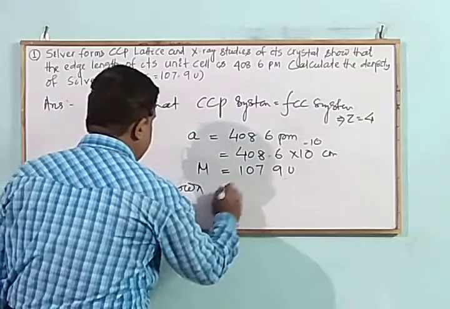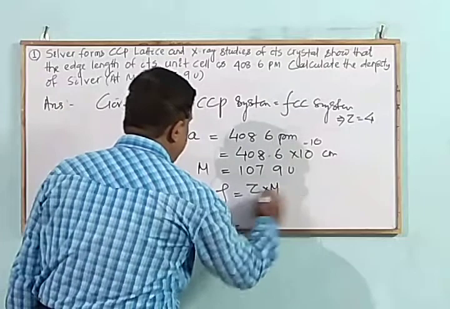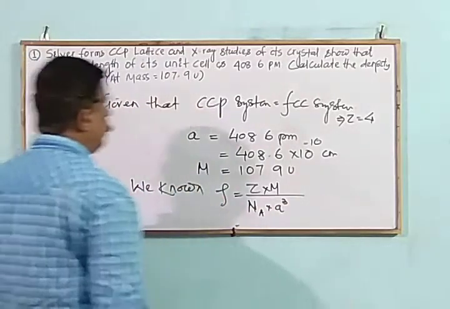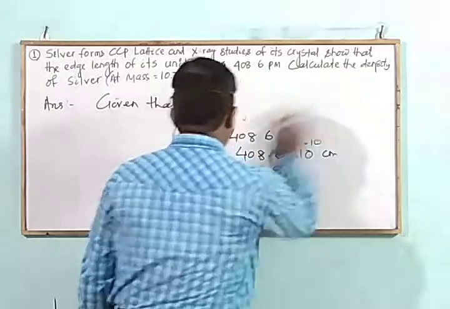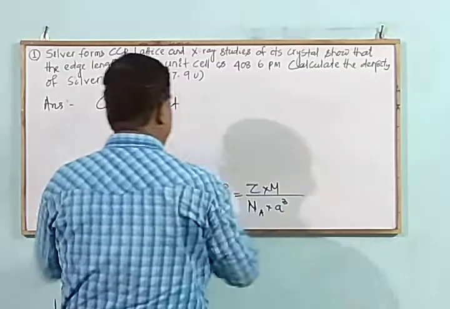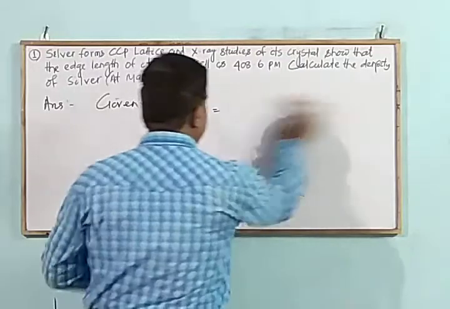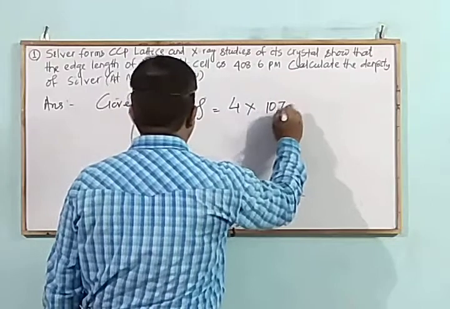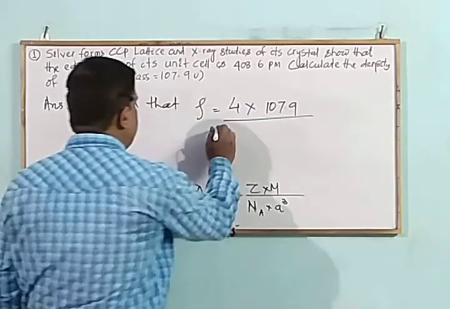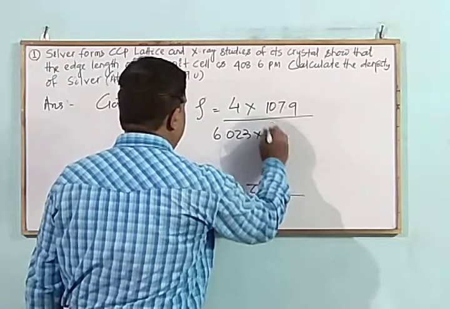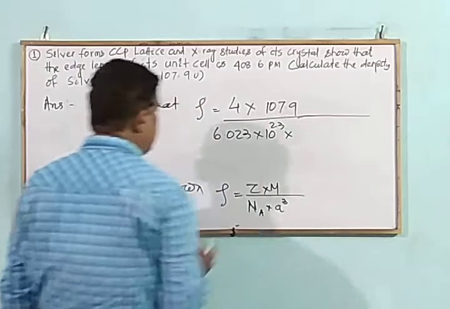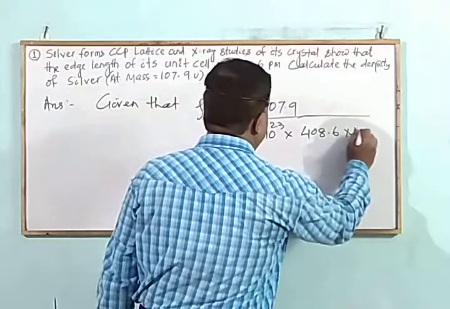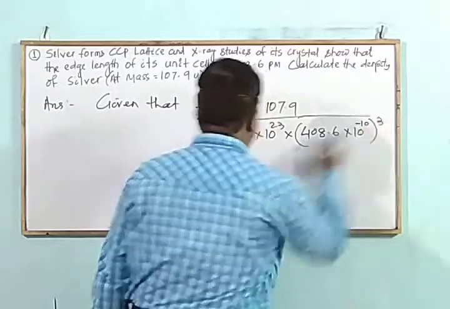We have to calculate the density. Density is equal to Z into M divided by Avogadro number into a cubed. Putting this value, rho is equal to Z, that is 4, into the molar mass 107.9, divided by 6.023 into 10 to the power 23 into the edge length, 408.6 into 10 to the power minus 10, whole to the power 3.